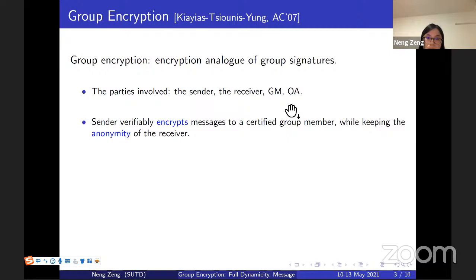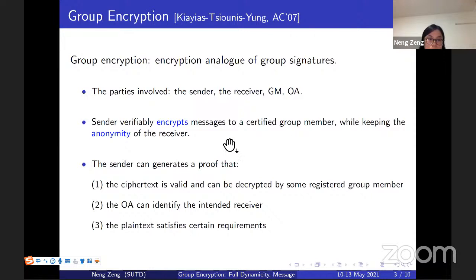There are 4 parties involved: the sender, the receiver, the group manager who manages a group of receivers, and also an opening authority who is capable of identifying the recipient of a ciphertext. Group encryption allows the sender to verifiably encrypt a message to a certified group member while keeping the anonymity of the receiver.